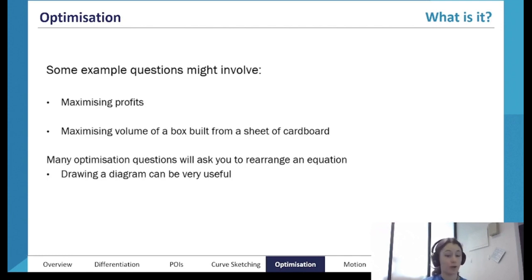And when you're practicing, make sure you're practicing a range of questions of different difficulties. Start with the easier questions, but then make sure you practice harder questions.